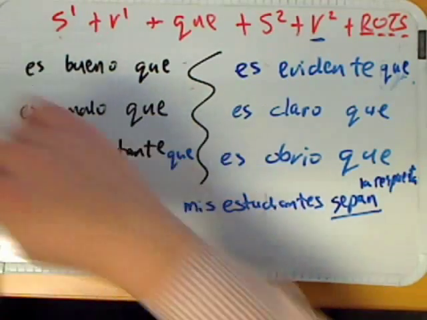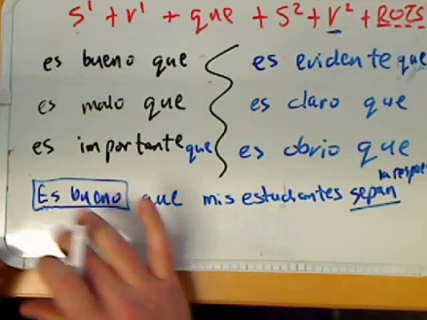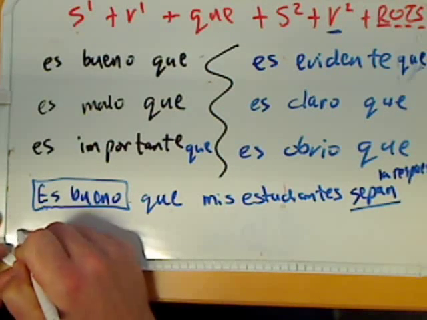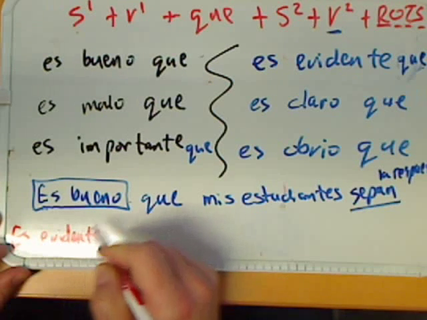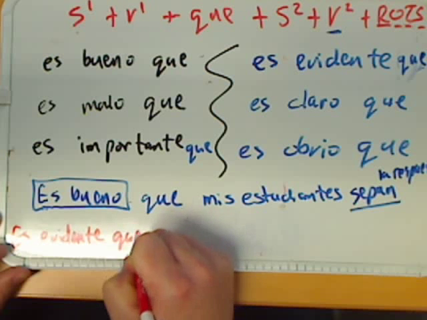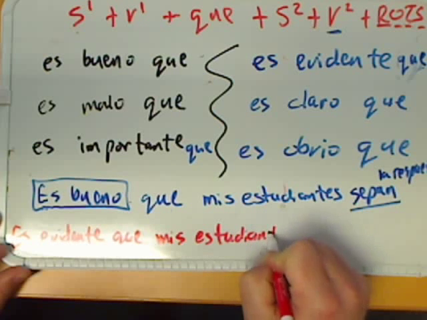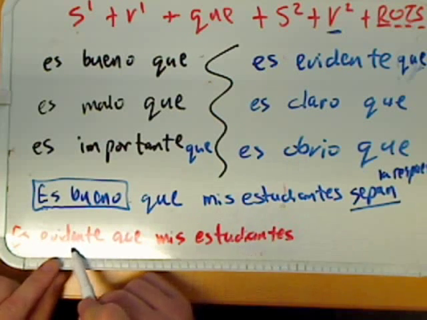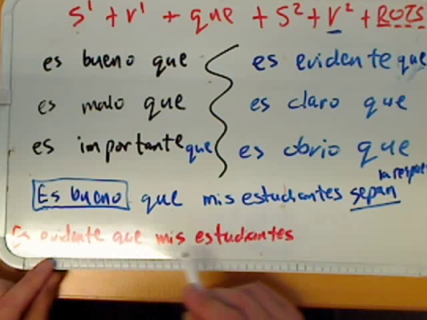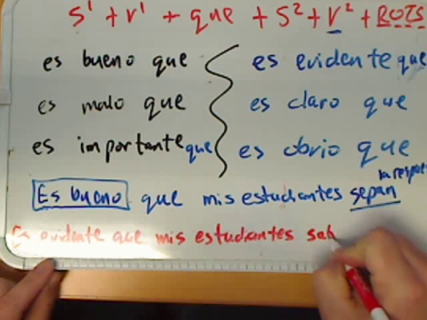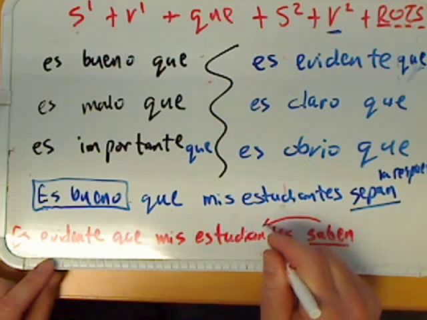Now if we use one of these, which is just a fact, this sentence using the exact same thing would then be es evidente que mis estudiantes. And because now it is evident, it triggers the indicative, because it is clear, it is obvious, it is a fact. Es evidente que mis estudiantes, then this verb is in the present tense of the indicative and not the subjunctive, agreeing with mis estudiantes.